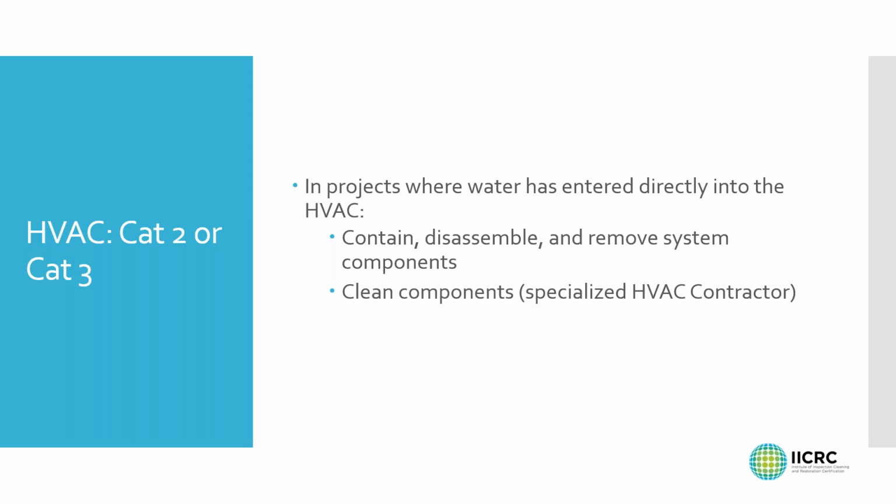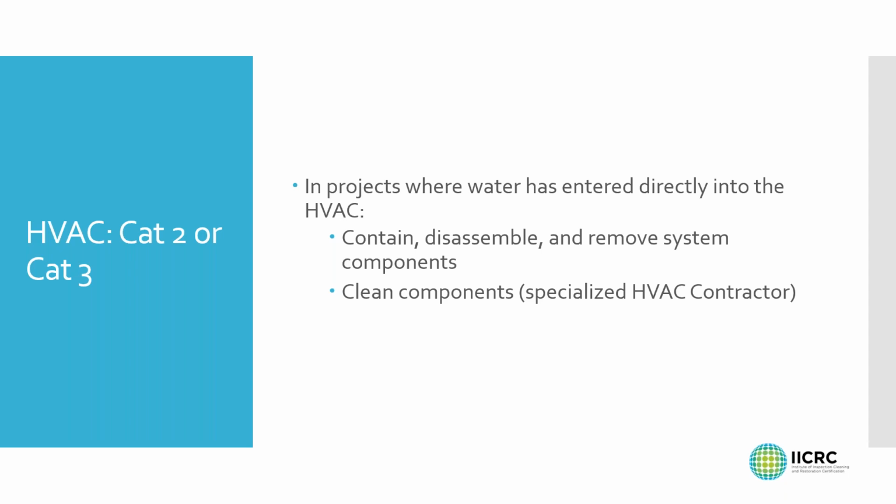Add Category 2, which, by the way, does contain a significant amount of chemical, biological, or physical contamination, or Category 3, which is grossly unsanitary water, to that system, and we have a petri dish that can grow things. So in the standard, there is a section on HVAC in Chapter 3, Section 3, that talks about containing, disassembling, and removing system components, and cleaning the components using a specialized HVAC contractor.